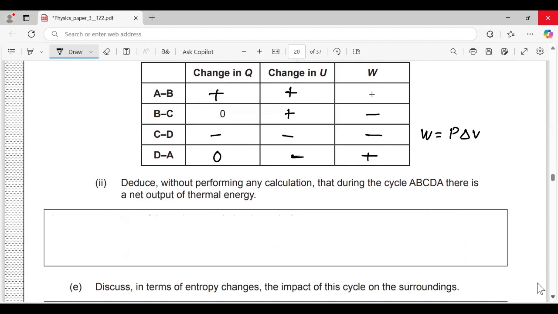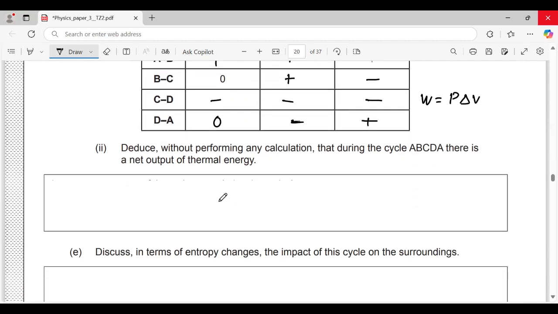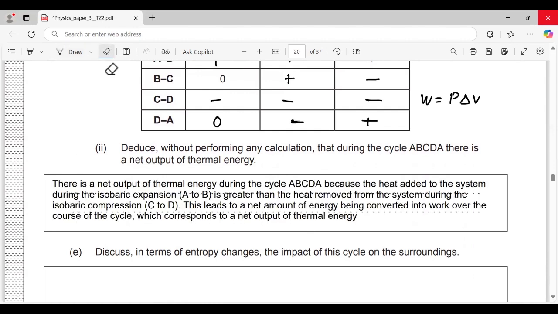Deduce without performing any calculation that during the cycle ABCDA, there is a net output of thermal energy. I have provided my brief explanation about this question, and this is my brief explanation. You may add something or you may copy my brief explanation.